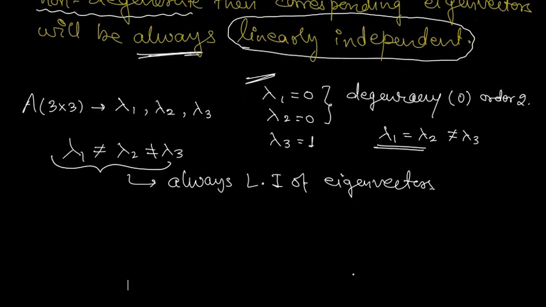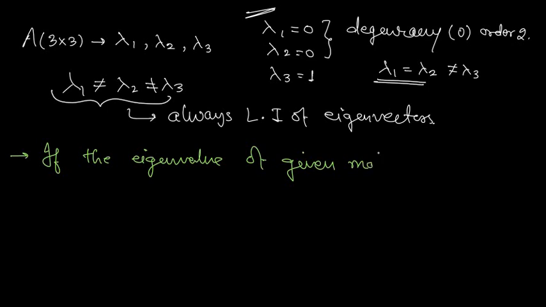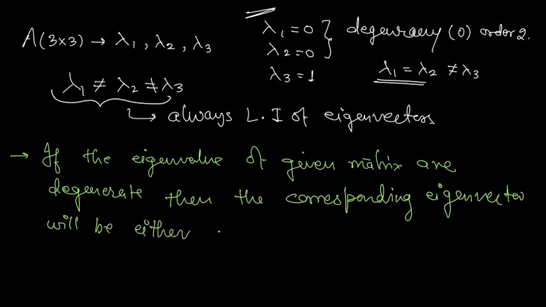Okay, so let me write what I have just stated about the second part. It was: if the eigenvalues of a given matrix are degenerate, then the corresponding eigenvectors will be either linearly dependent or linearly independent.